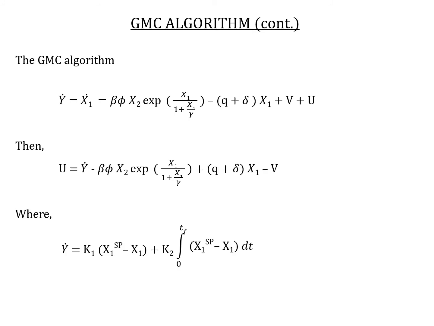What we do is get the y dot, which is also x1 dot, and this is given by this part of the equation we've just seen. And since u is linear in control, we can formulate u directly from the balances, the heat balance. So u is given in this form. Let's say this is x1, and these are all dimensionless variables. It depends on the variables x2, x1, and so on.